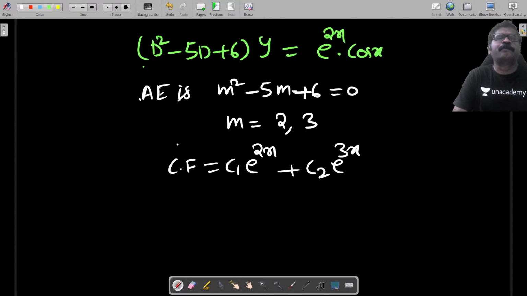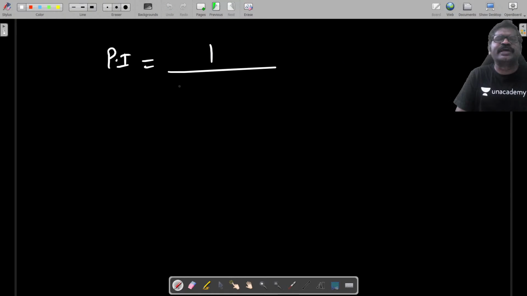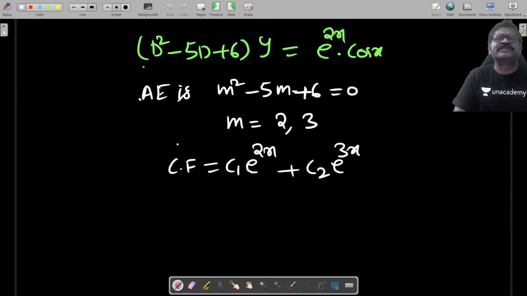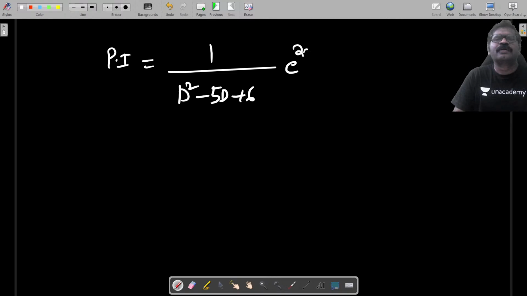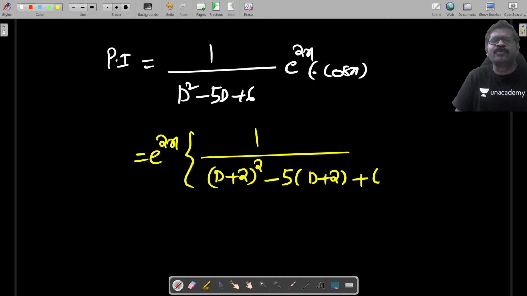Now, the particular integral is 1 by D square minus 5D plus 6 of e power 2x into cos x, that is e power 2x of 1 by (D plus 2) whole square minus 5 into (D plus 2) plus 6 cos x.